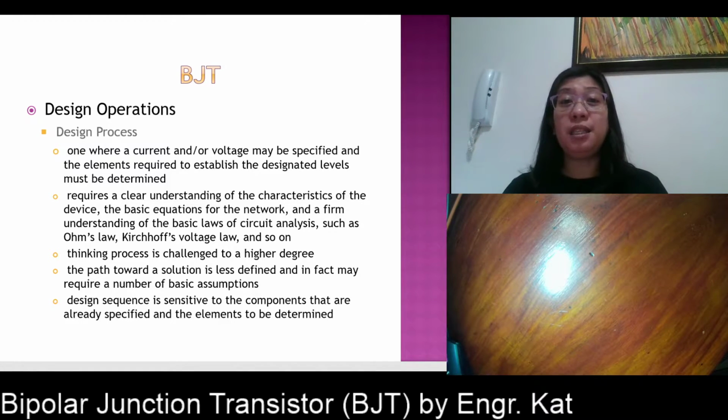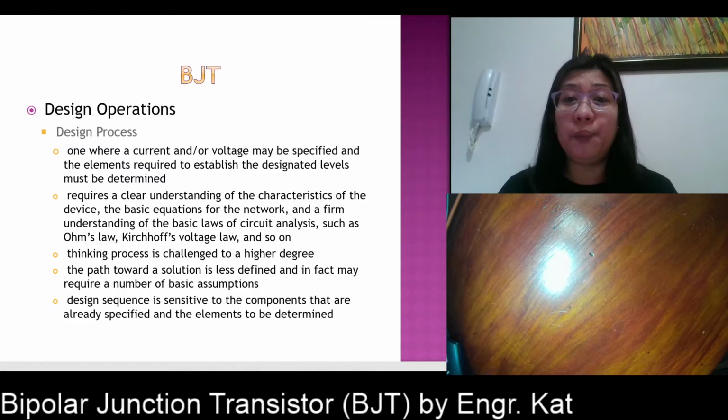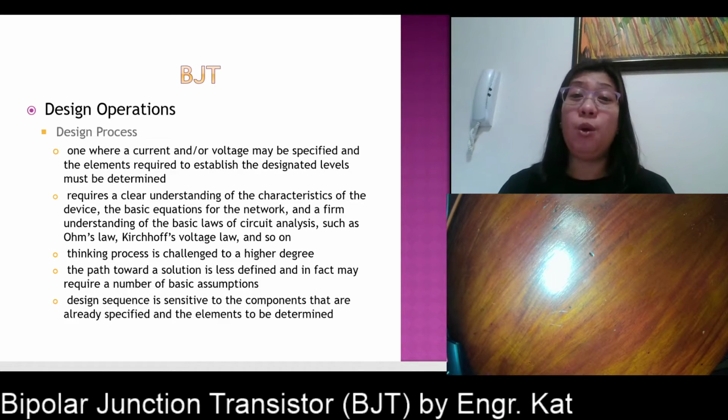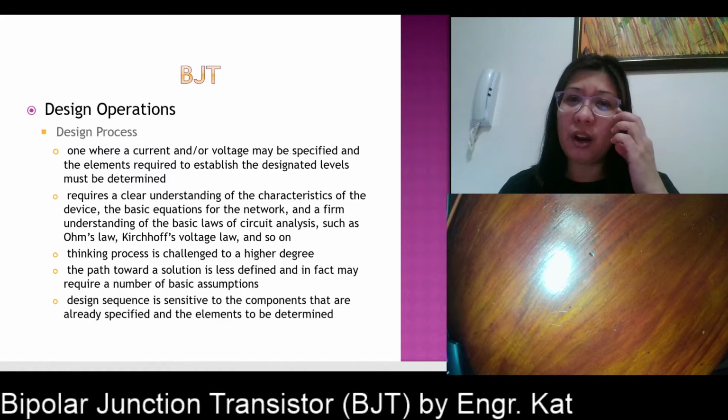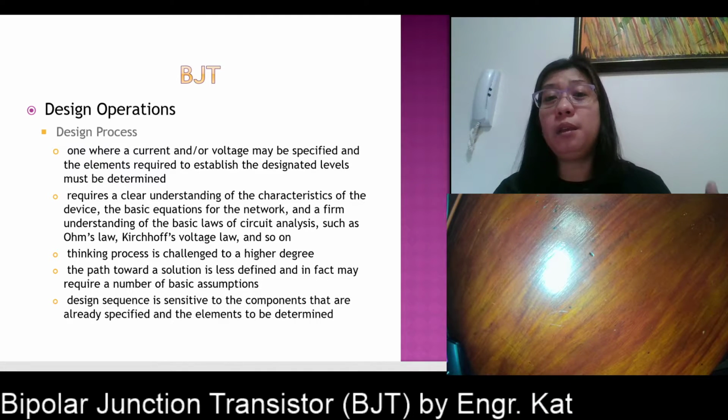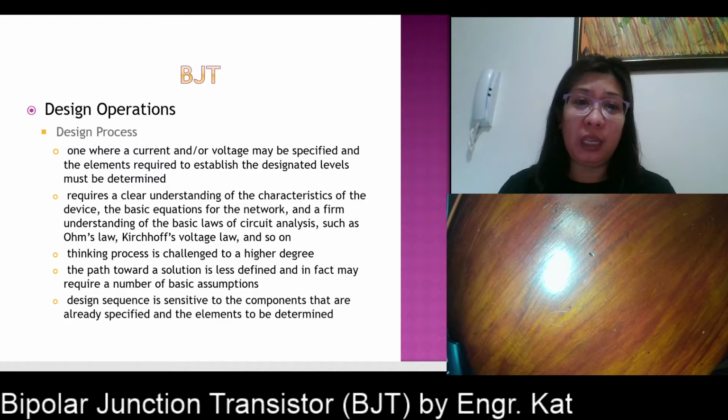So the difference here, class, is that from the previous derivations that we have done, usually all the circuit parameters, all the resistors, are given. So we are trying to solve for the currents IE, IC, and IB with the voltages. So what are the voltages?